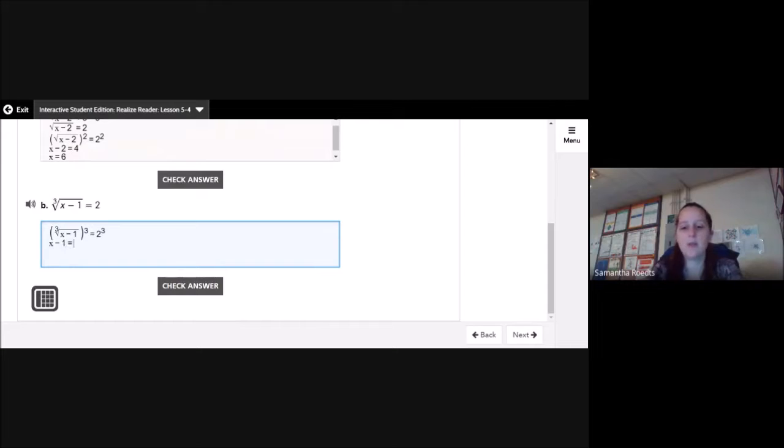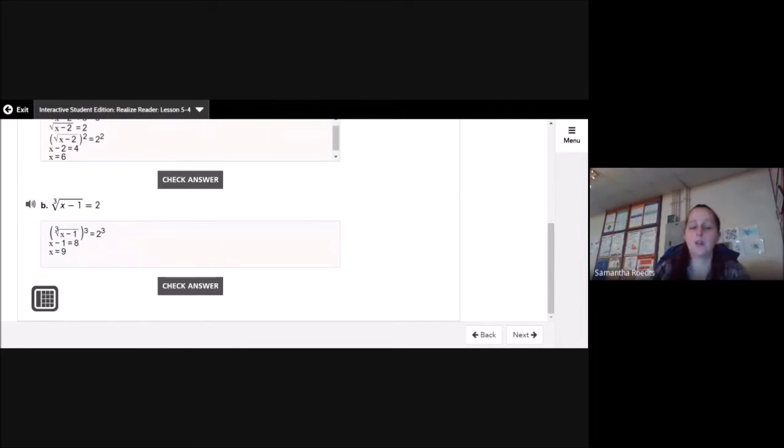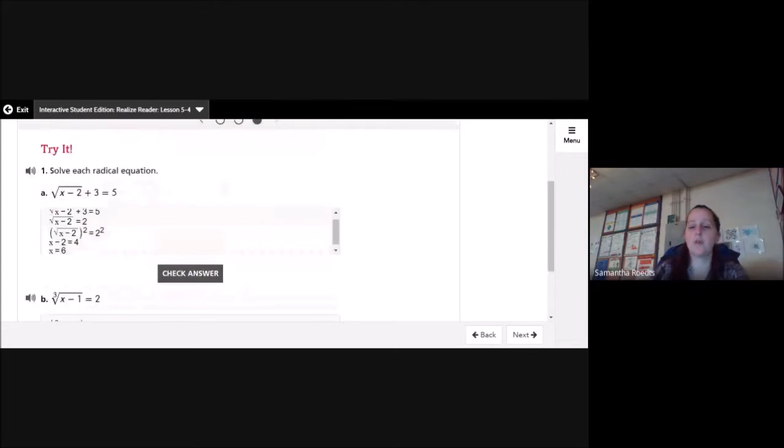So x minus 1 equals 8. So x equals 9. You should always double check and put it back in. 9 minus 1 is 8. So cube root of 8 is 2, equals 2. Should always substitute them back in.